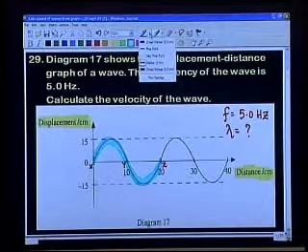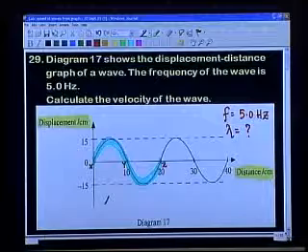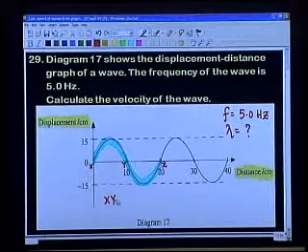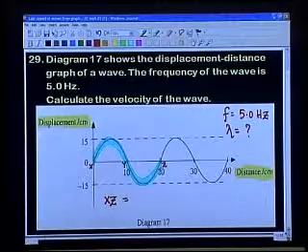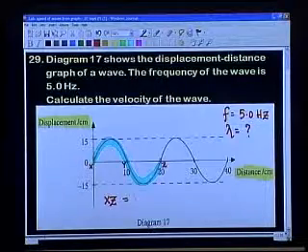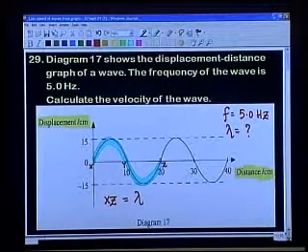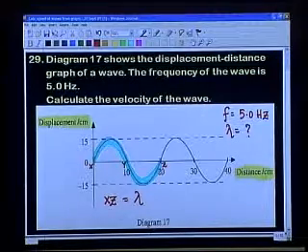I'll write down so that we can understand it better. The distance X to Z, from X to Z, that is actually the wavelength.